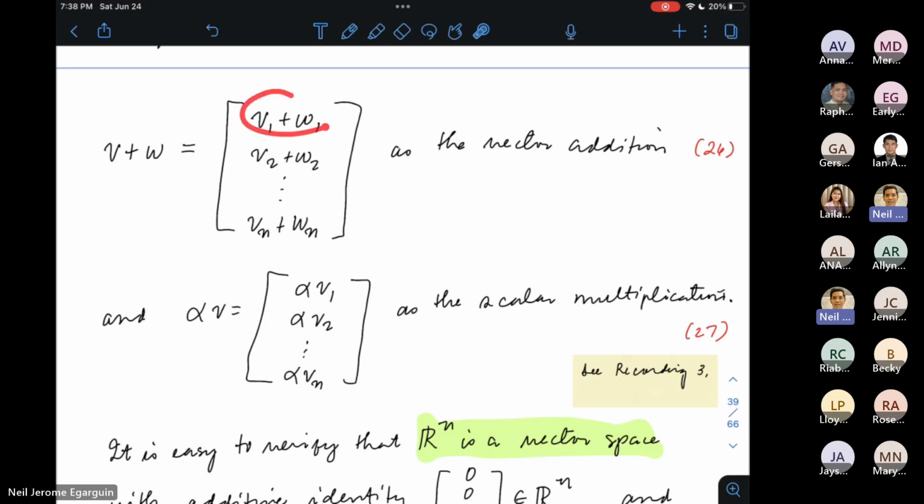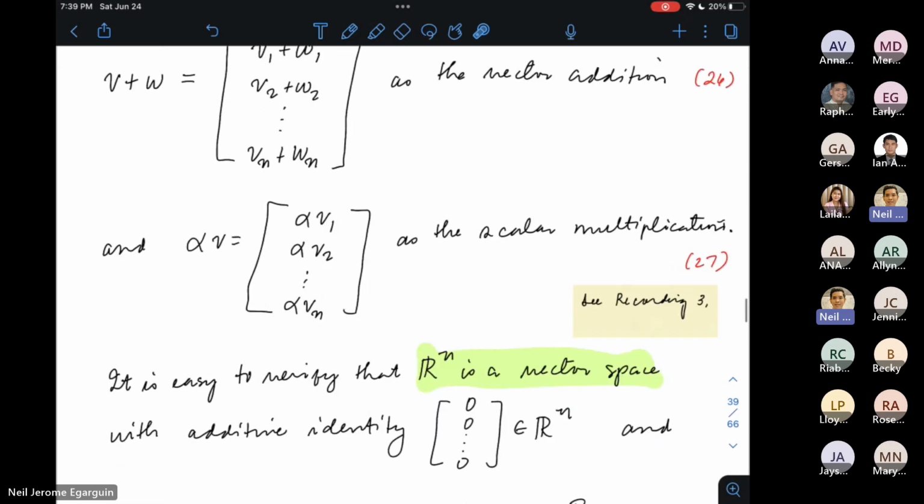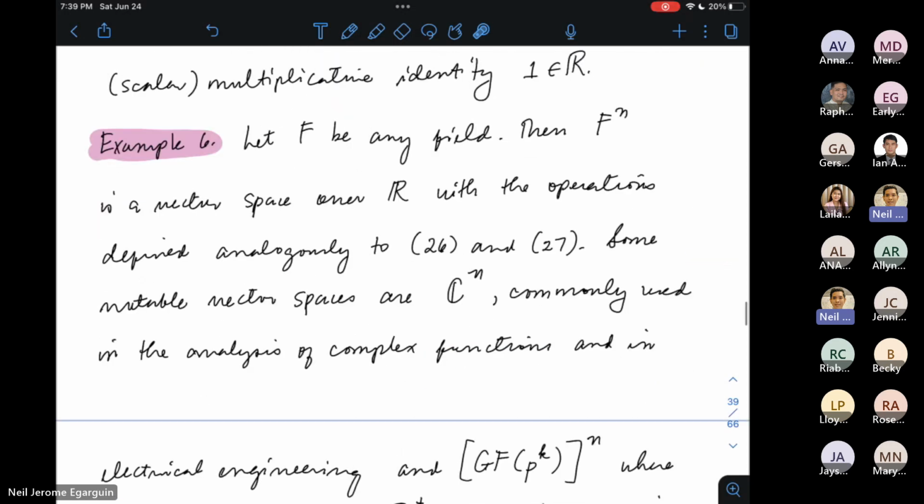Component 1 is added, component 2 is added, up to the last component; matching components are added. If the addition is component-wise, and the scalar multiplication is also component-wise, meaning we multiply each component by the scalar at hand, then it is still a vector space. Now, if you replace the field R with any field, it is still a vector space. So if F is a field, F to the n is still a vector space over the set of real numbers.